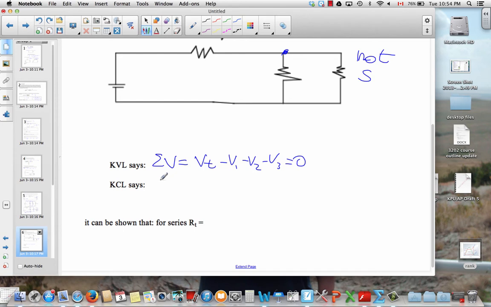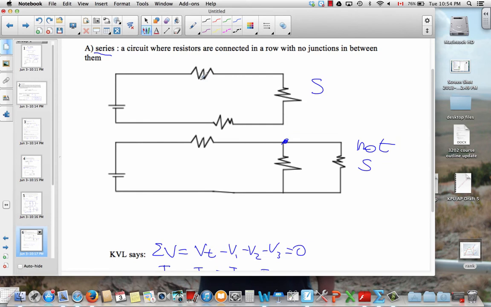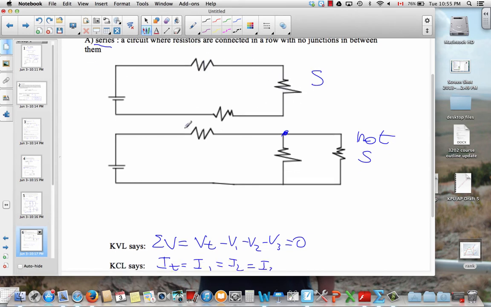Now the current law says that at a junction, currents in equal currents out, but there's no junction. So the current is going to be everywhere the same in that circuit. So you'll have the same current flowing through this resistor, the second one, and the third one.